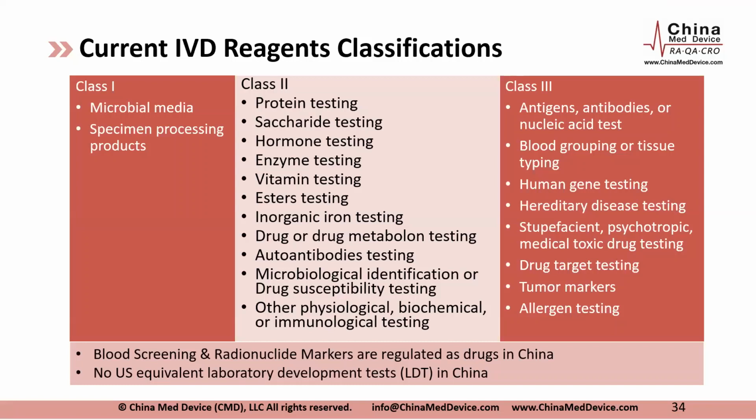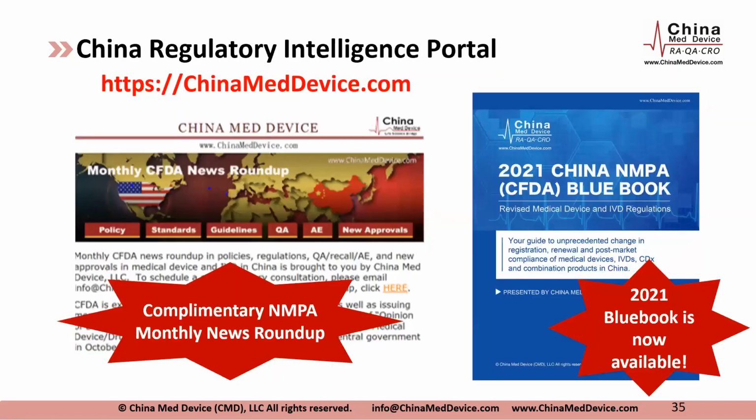The thinking process is pretty much parallel to the medical device, except for IVD there's a unique set of guidance documents as well. Again, it's impossible to go over all the details, so you can check the intelligence portal to find out more information. There are also webinars there, especially on the unapproved devices that we did not get a chance to talk about in more detail.